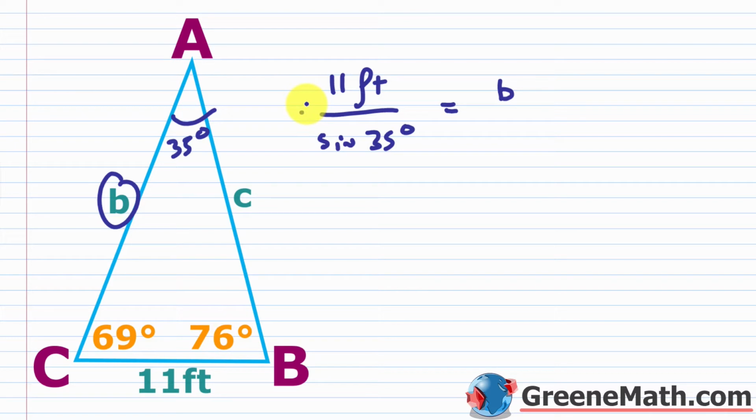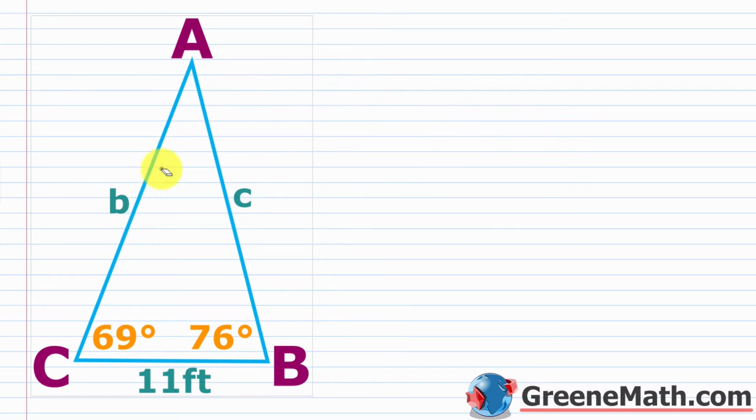We're just going to multiply by the sine of this angle measure, 76 degrees. So I'd have the sine of 76 degrees times 11 feet over the sine of 35 degrees. That would be about 18.6. Let me erase all of this and put up here that this side is about 18.6 feet.